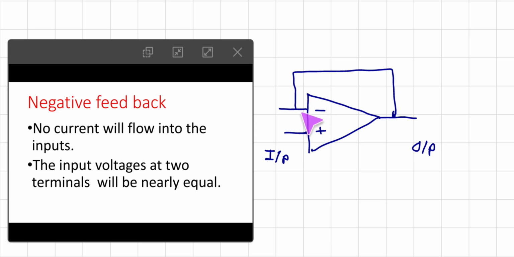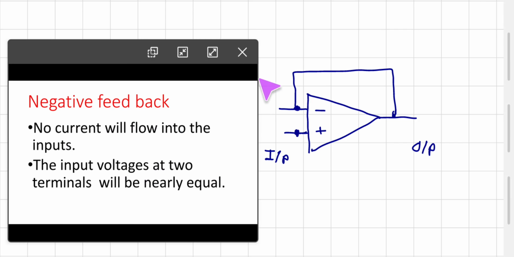So in case of negative feedback, no current will flow into the inputs. It is clear that the input impedance of the operational amplifier is infinite. Remember that no input current flows, that is the important thing. Here one is an input terminal, this is another input terminal.